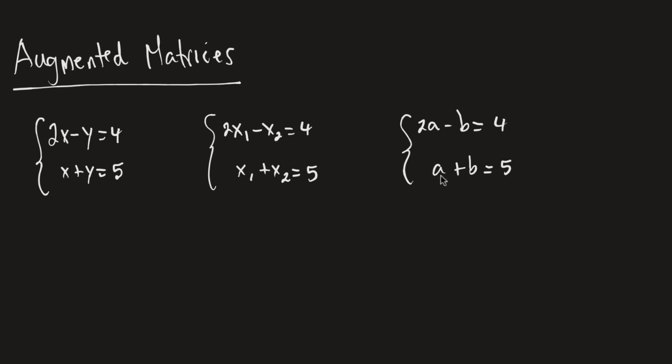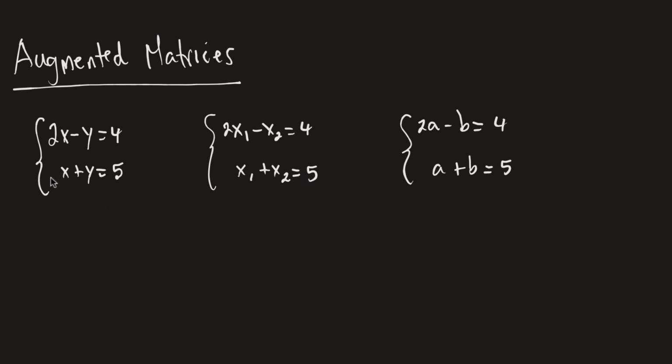So that's a clear difference. But what should be more important is that the coefficients are exactly the same. There's a 2, there's a -1, and then there's a constant of 4 in the first equation. And that's true about this system as well as this system.